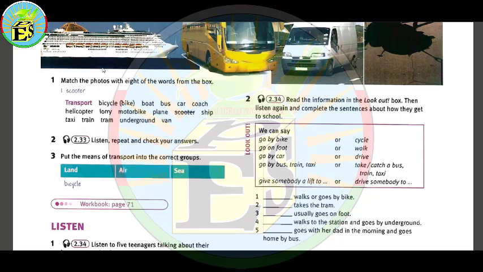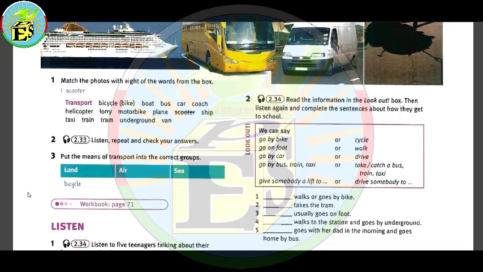This is the ship, picture number 3. And then taxi, land. Train, land. Tram, land. Underground, land. And the last one, which is van, is also within the land group.